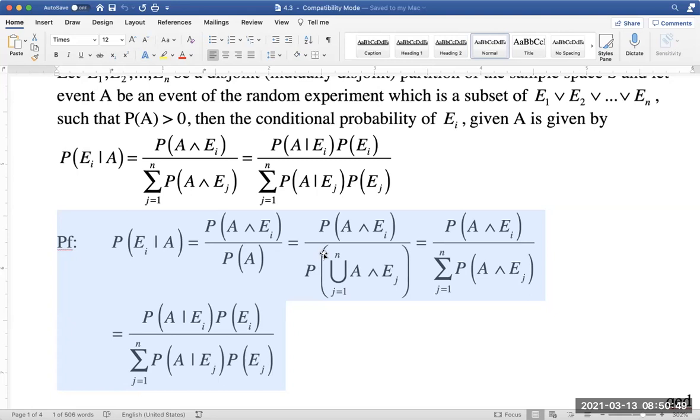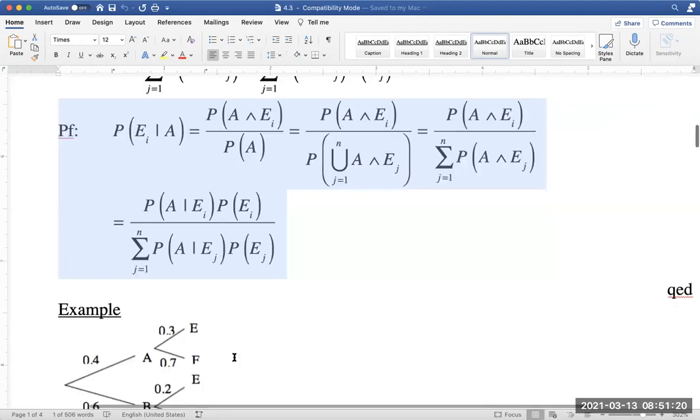Again, since these are mutually disjoint, the probability of the union is the sum j equaling 1 to n of the probability of A and E sub j. Well, the probability of A and E sub i is the probability of A given E sub i times the probability of E sub i. And the probability of A and E sub j is the probability of A given E sub j times the probability of E sub j. And this is Bayes' theorem.